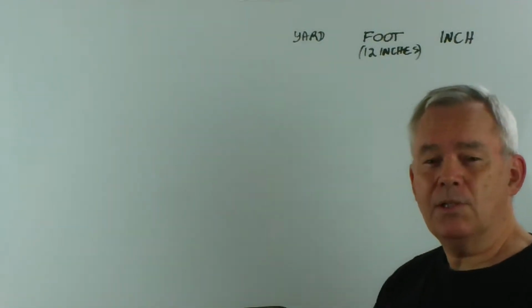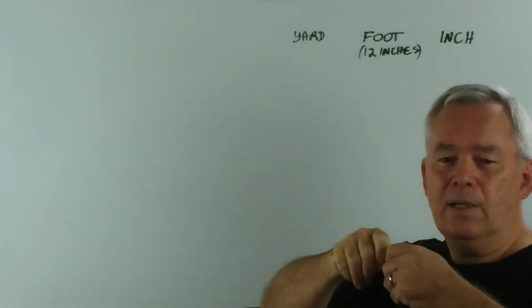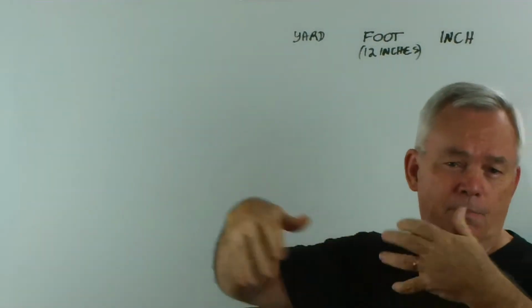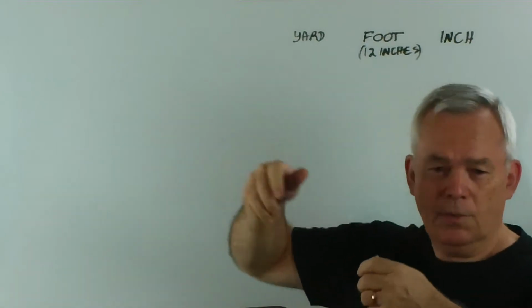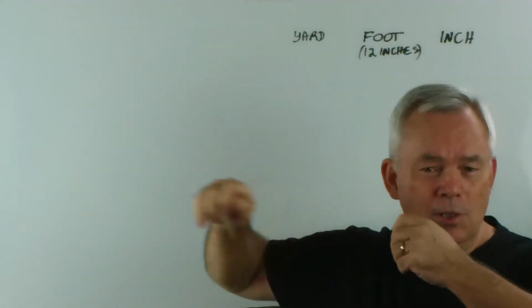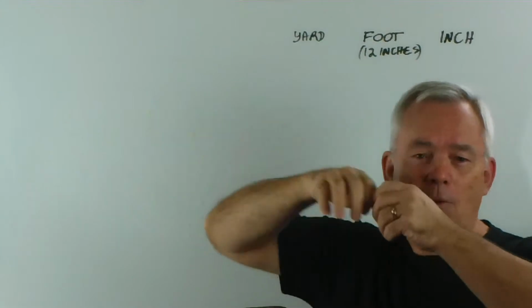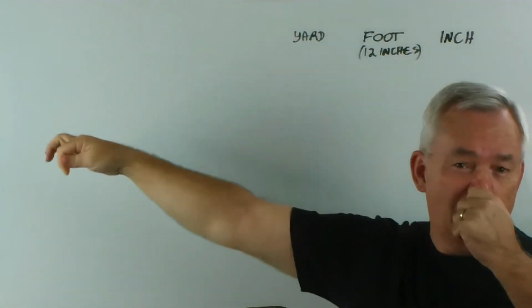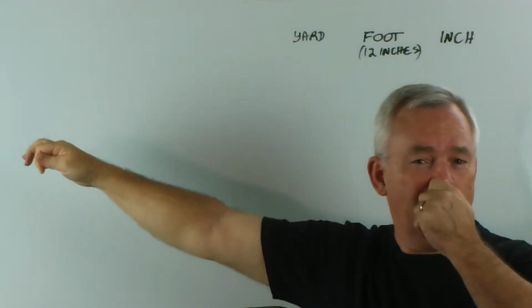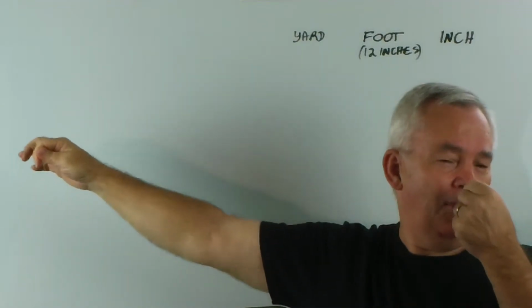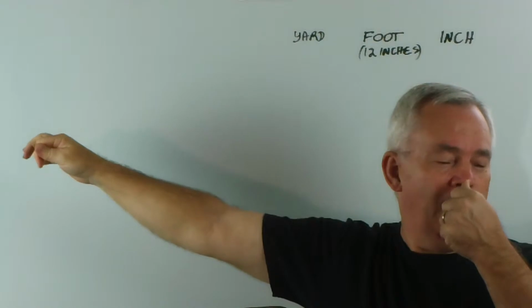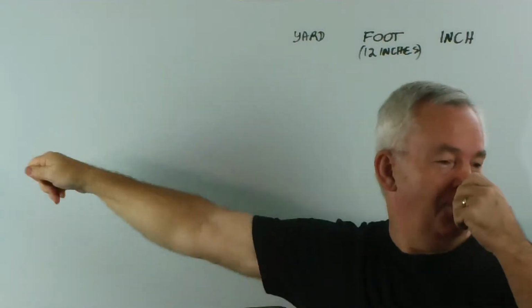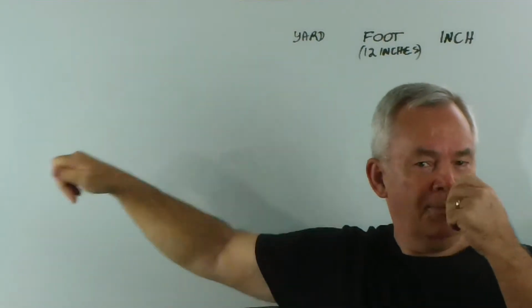I remember as a youngster seeing people measure out cloth from bolts of cloth, just stretching it out, holding a bit of cloth, stretching it out and measuring it from where their fingers grip the cloth to their nose. They'd even tilt their head a little bit to make sure the customer got a little bit more, and that was essentially the yard. So you'd buy so many yards of cloth.